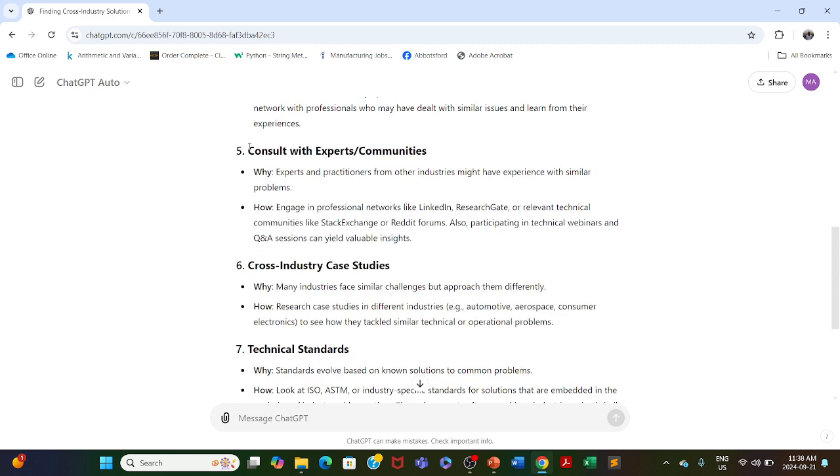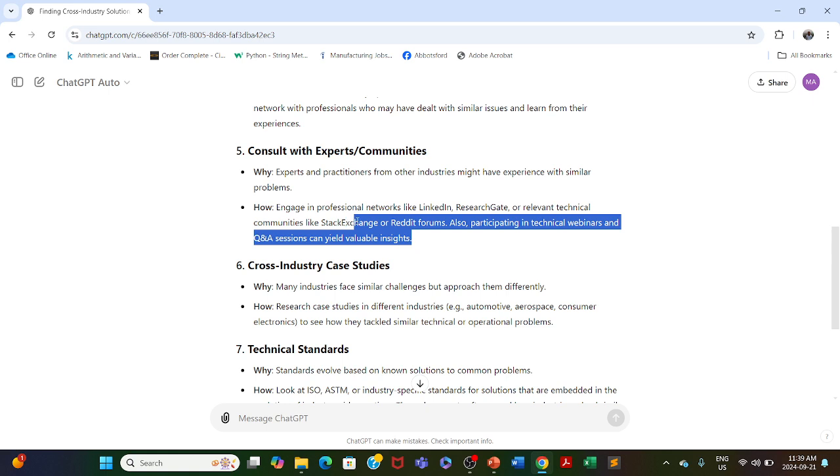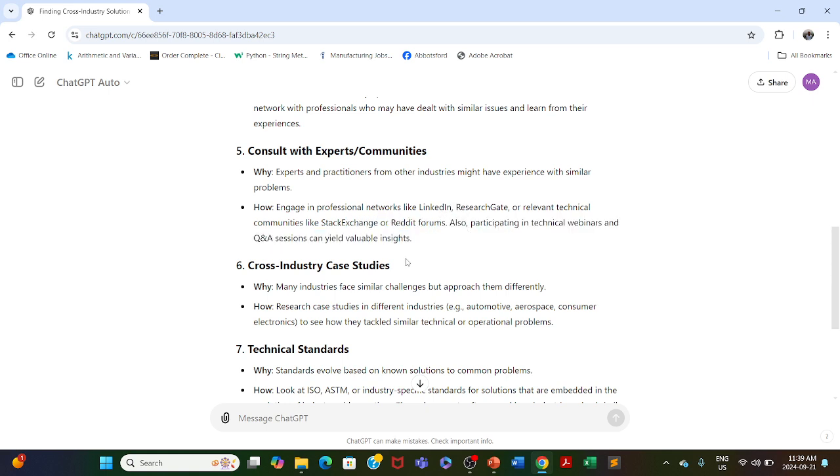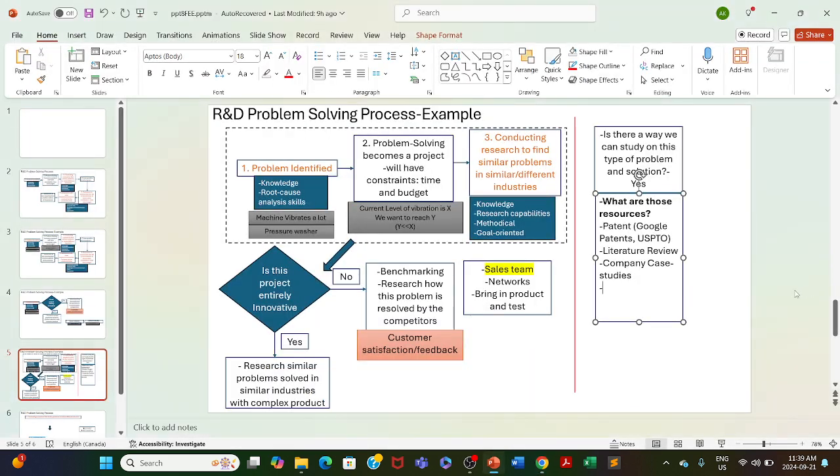Consult with experts or communities. Again, this is part of networking. But yeah, engage in professional networks like LinkedIn, ResearchGate, relevant technical communities, Stack Exchange, or Reddit forums. This is kind of nice.